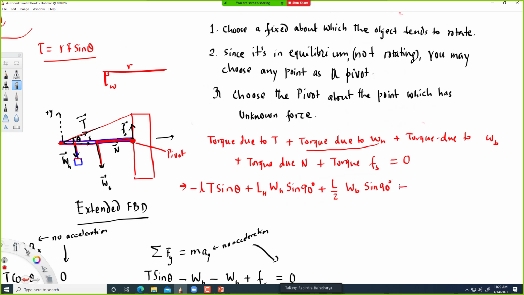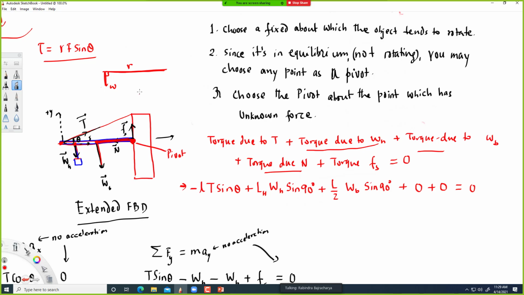Plus torque due to N. If the force is at the pivot, then you don't even have to calculate that. You can just directly say 0 and 0. Do you know why? Because the distance is 0, right? The distance between the point where you apply the force and pivot is 0.